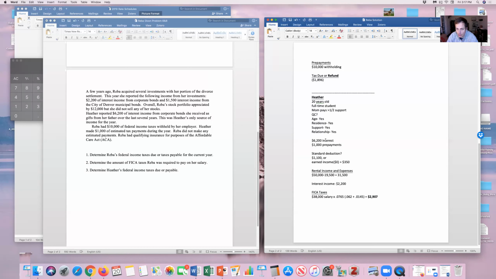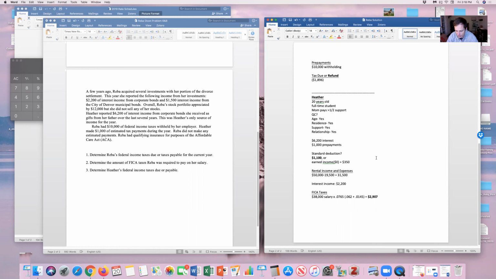Zero, all of her income came from investment. So she gets to pick the bigger one, and that's going to be $1,100 for her. And remember, if she had earned income, the most that this could be is the regular standard deduction of $12,200. You can't go above that. So I would expect you to be able to tell me the standard deduction for someone who is a dependent.